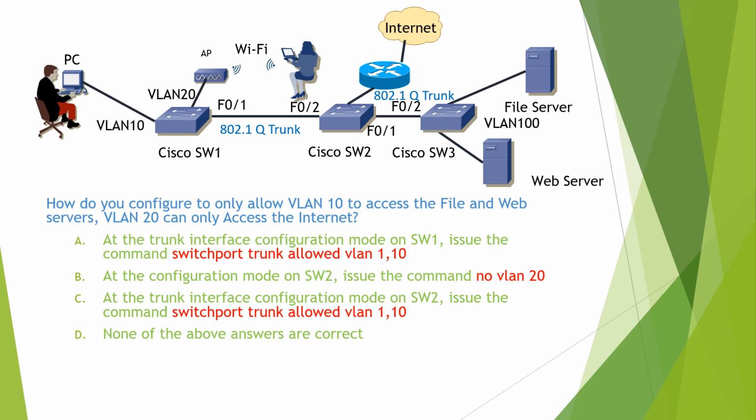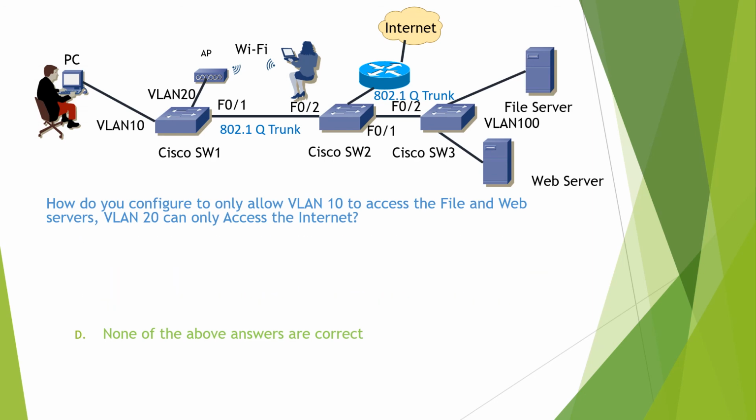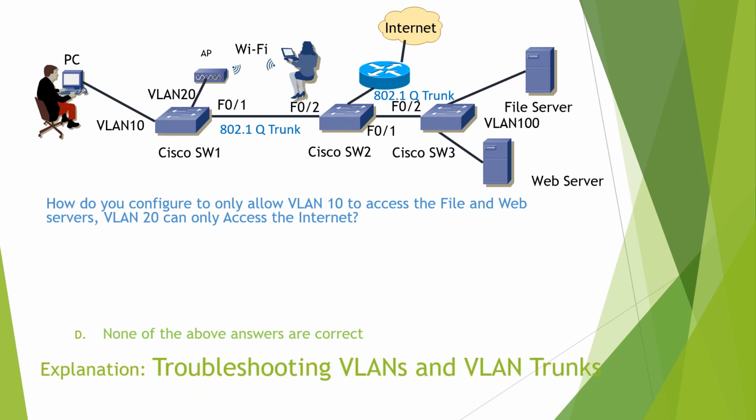The same process applies to the frame in VLAN 20, which means to block the traffic from VLAN 20 to VLAN 100, we have to do it in the router, not the switch. Therefore, the answer for this question is D. You can find the detailed explanation for this question in the video, troubleshooting VLANs and VLAN trunks.